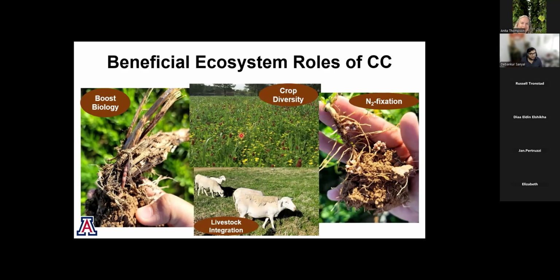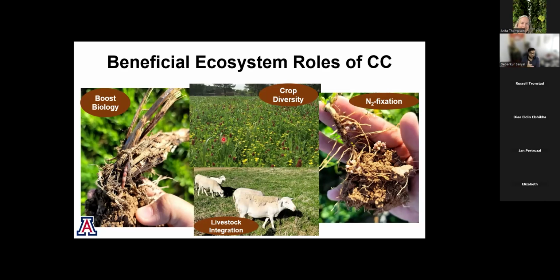Some people can call it a weedy field. Well, it is, and a weedy field is a very diverse system, but that is not really desired because it's hard to control. So when you say cover crop, it's a managed cropping system. You can manage the cover crop the way you want. What is your purpose for this cover crop?